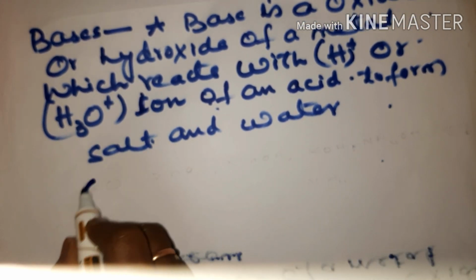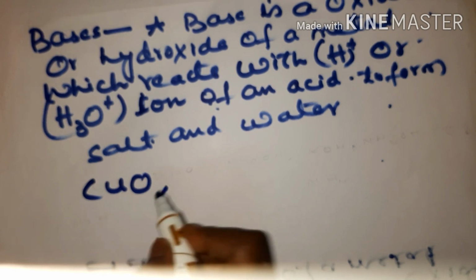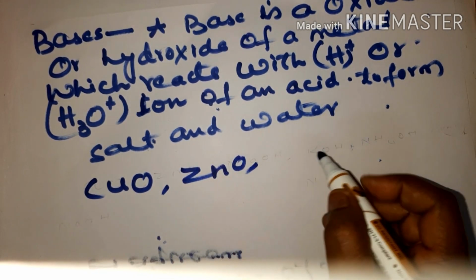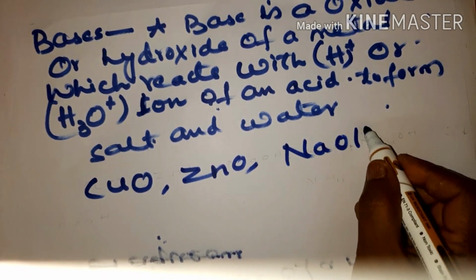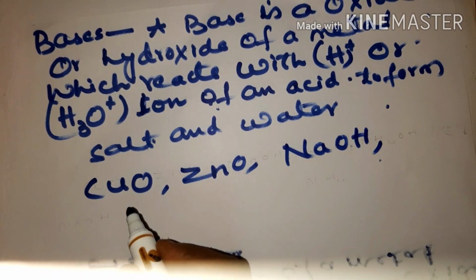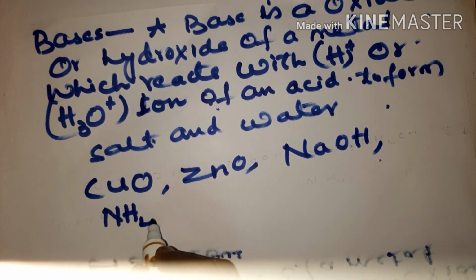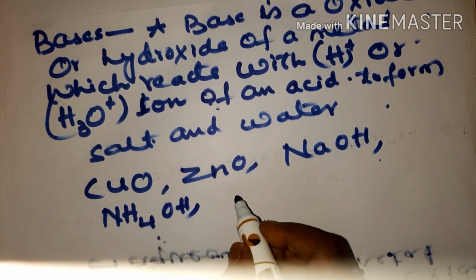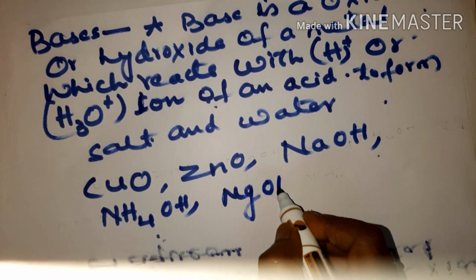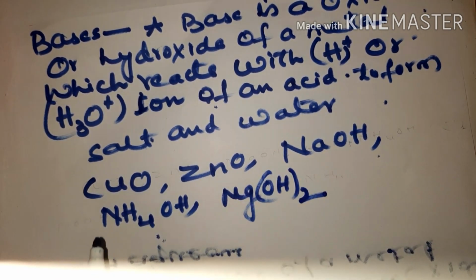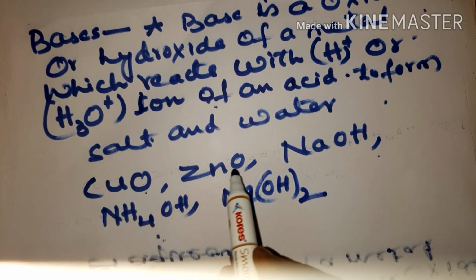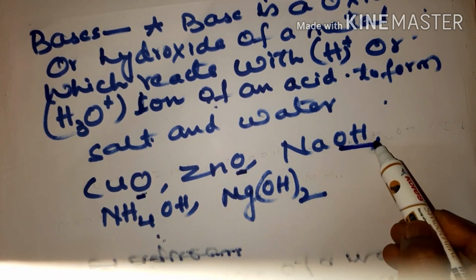Bases, for example, you can take copper oxide, zinc oxide, sodium hydroxide with the OH group, then ammonium hydroxide, then magnesium hydroxide. You can see they have oxides or hydroxides.